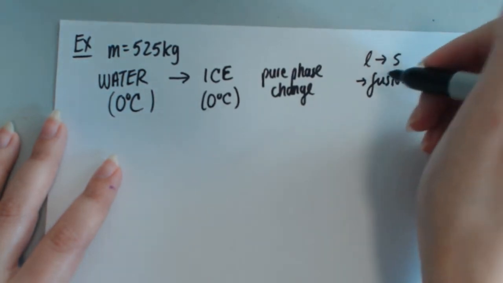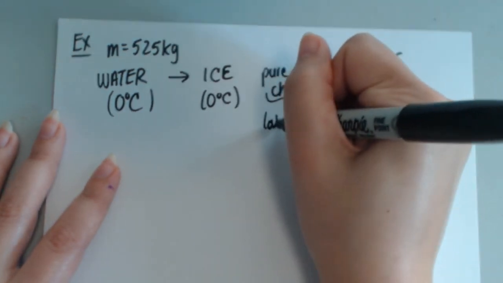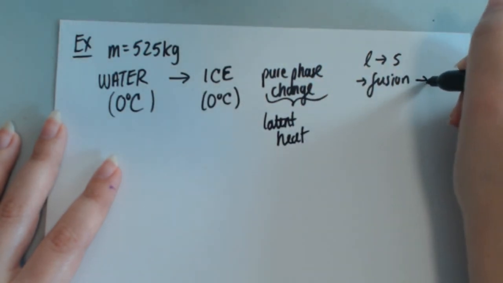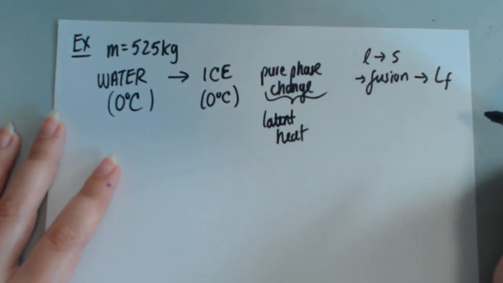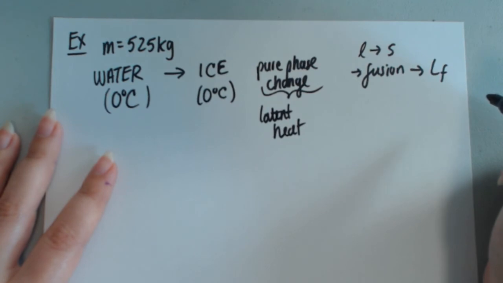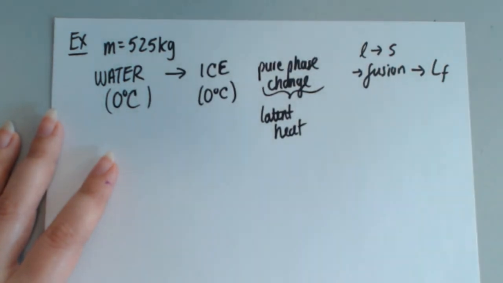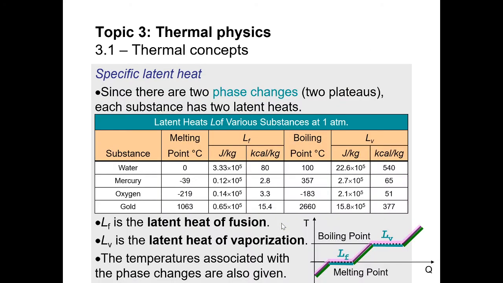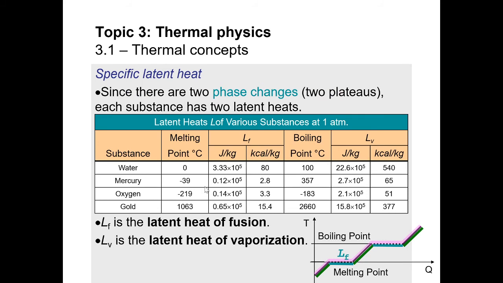Since we're doing a pure phase change, we're only considering latent heat. And specifically, since it's fusion, we're doing latent heat of fusion. So I have to look up the latent heat of fusion of water. Let me go back to the slides. We did have a table with all that information. Here we go, latent heat of fusion.